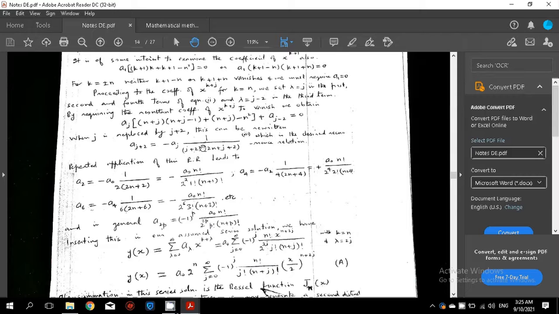The first solution was obtained, but the second solution will not be possible if we use k equal to minus n. That is the problem with the second solution of the Bessel's differential equation.